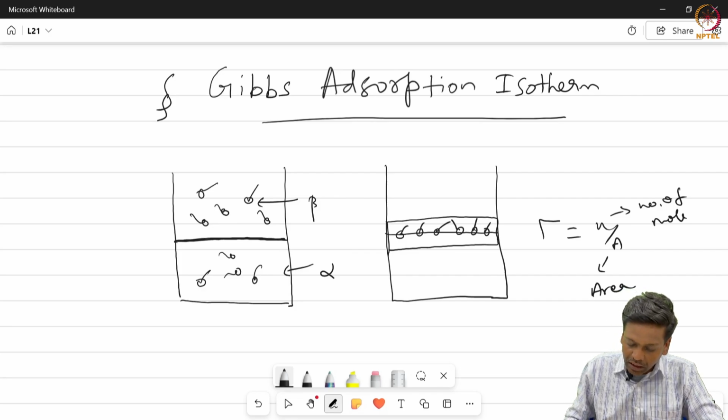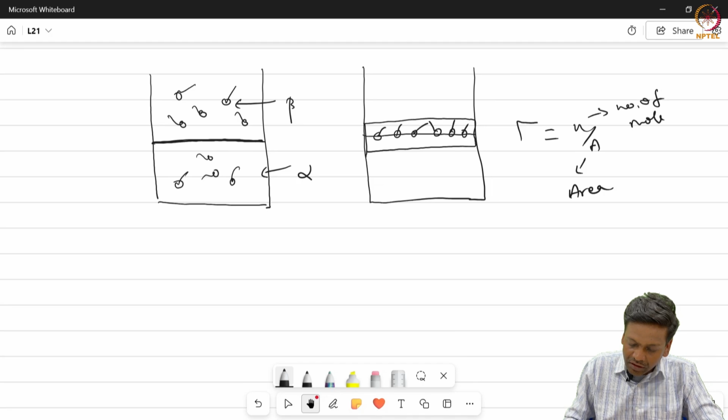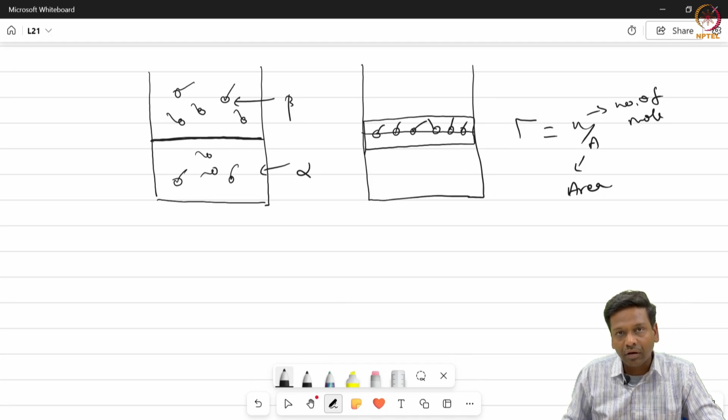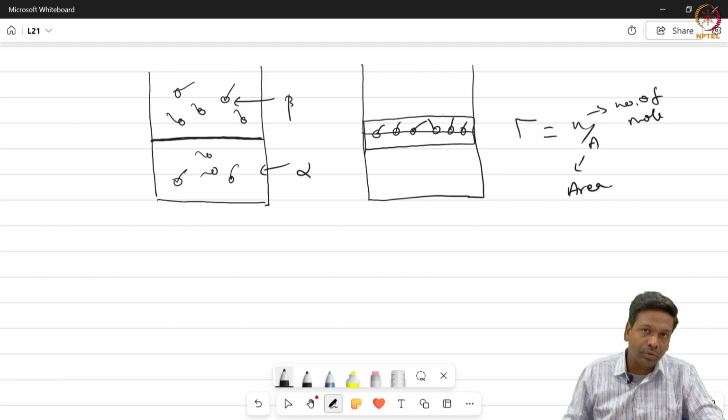Now, because they have a tendency to adsorb, one can derive and show how the Gibbs adsorption isotherm will be a function of surface tension and concentration, the concentration that we employ in the bulk phases, and gamma is the surface tension. So, that is what we are going to look at.